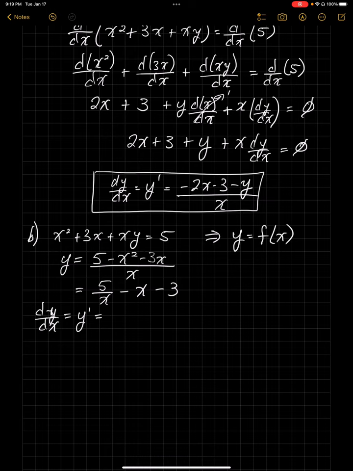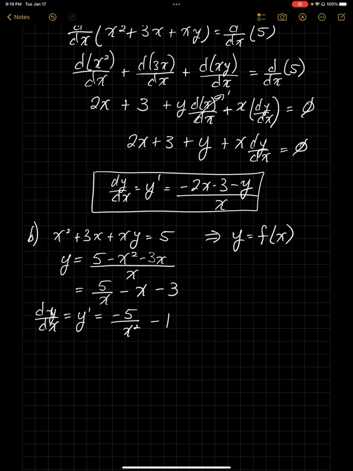It's the same as 5x to the minus 1. And so this becomes negative 5 over x squared minus the derivative of x with respect to x, which is just 1. And then the derivative of 3 with respect to x is, of course, 0.